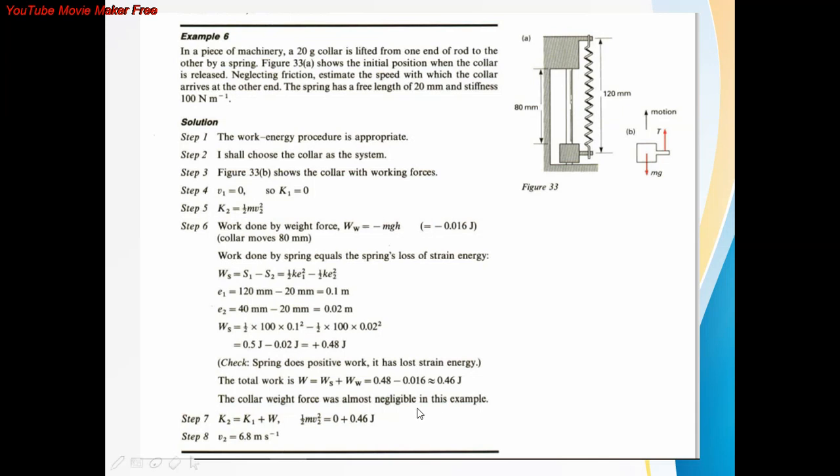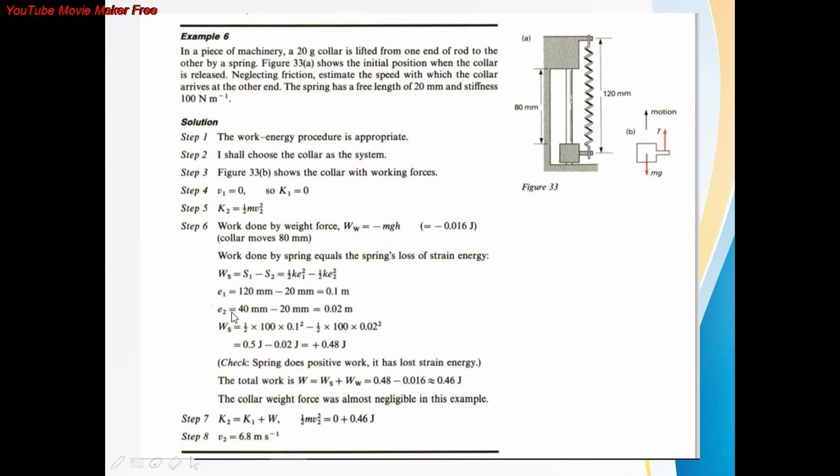Now here, first of all, we have to find e1, right? We know the total length of the spring is 120 mm, and the free length of the spring is 20 mm. So e1 will be equal to 120 minus 20 mm, right? After changing millimeter into meter, we get 0.1 meter.